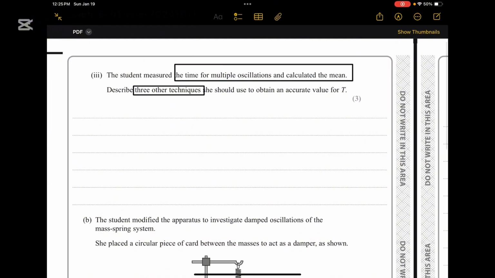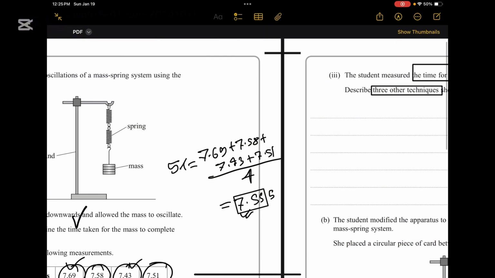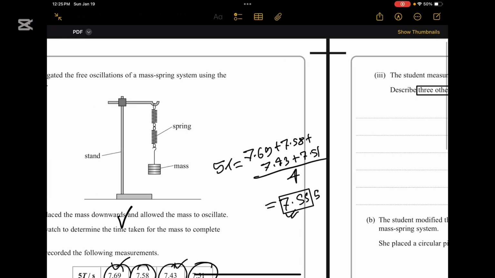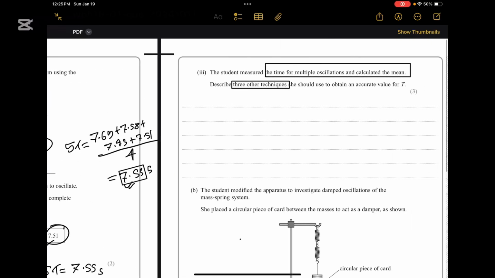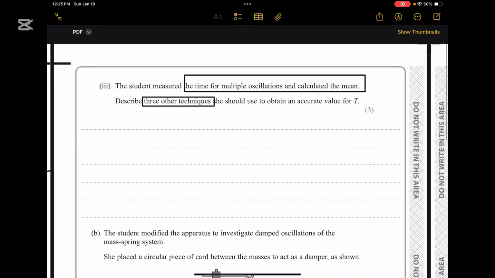And the other one will be, before she starts the timer, she should let the mass settle down, because it will be oscillating at a very high frequency at first. So the timer should start after the oscillations have settled down. And the third thing, she will be giving a displacement, right? So the given displacement should be small. She should give a small displacement. So let's write them down right here.